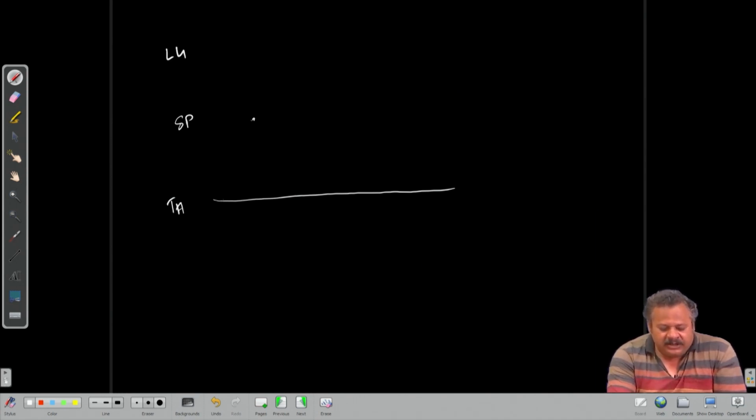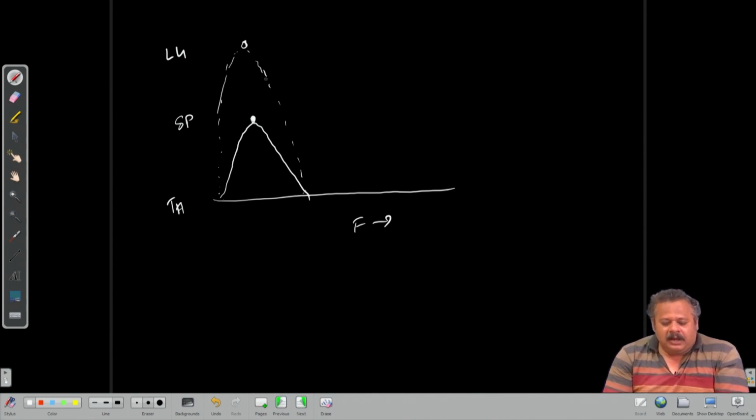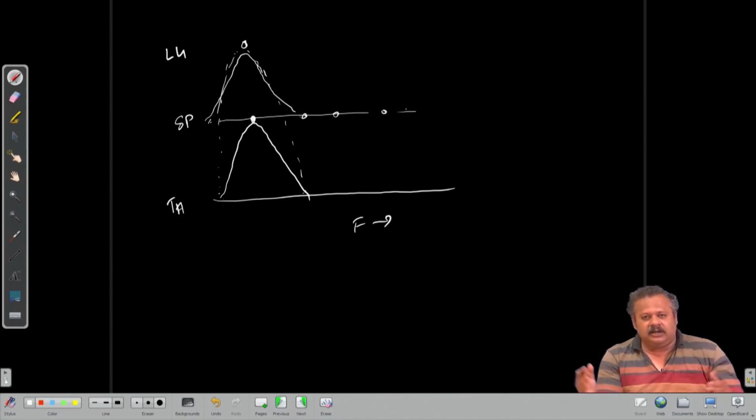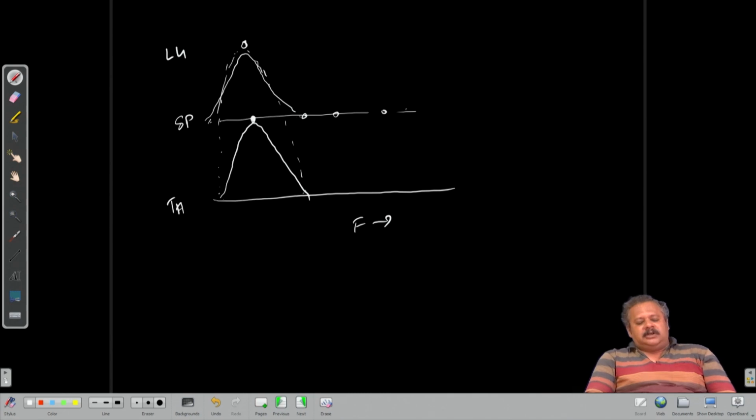If the thalamus now projects to the subplate from multiple frequencies, multiple regions of the frequency axis, and the same is projecting to layer 4 neurons, but with weaker synapses, and the subplate layer is also projecting with some profile of convergence onto one neuron in layer 4.